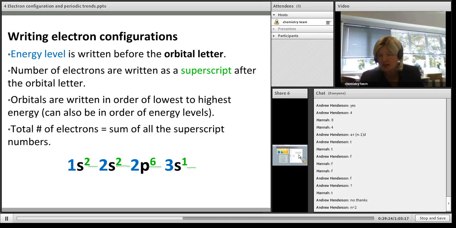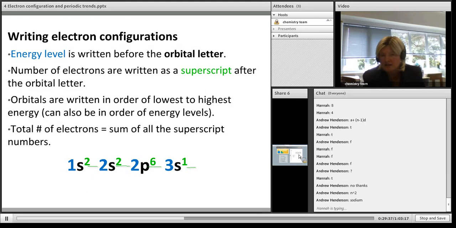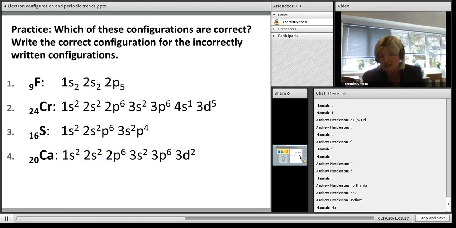So for a neutral atom, what atom are you using? What has got 11 electrons? What element? Do you know offhand? Sodium, correct. So if I've asked you to write the electron configuration for sodium, count up your numbers to see if it gets to 11. If it doesn't, you've made a mistake.